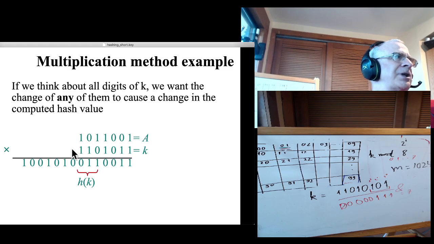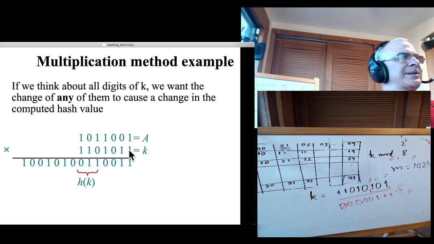If you change the last digit, it will change something in the result over here, but it will not change anything in the beginning of the digits that you took. Similarly, if you have two keys that differ from each other only in the last digit, you're only controlling this digit at the end. So out of all this stream of digits, which one is the best to take? Take the ones at the middle of the operation.